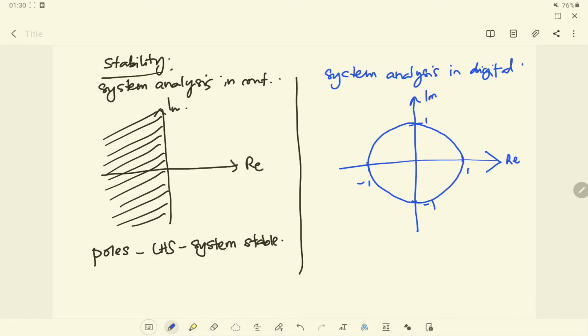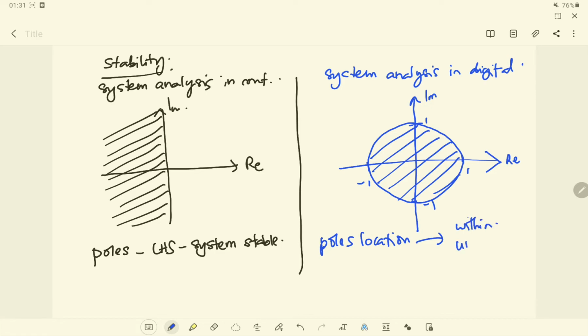So for system analysis in digital forms, if we want to determine whether the system is stable or not, if the poles' locations are within the unity circle, it means that the system is stable.